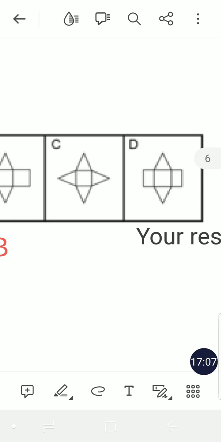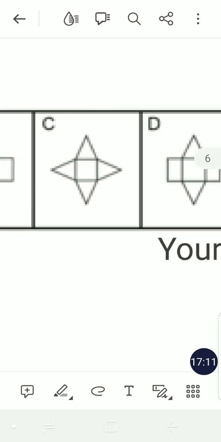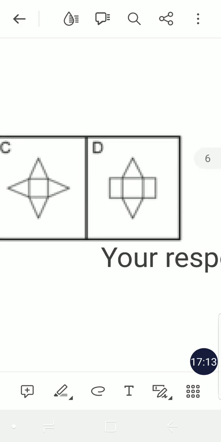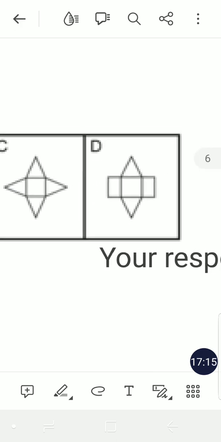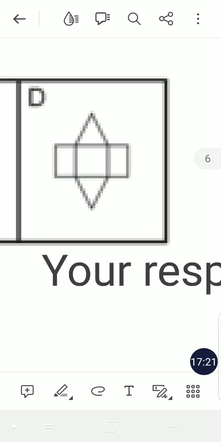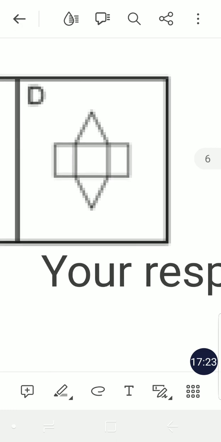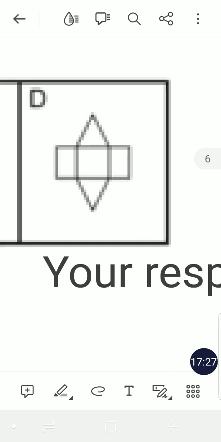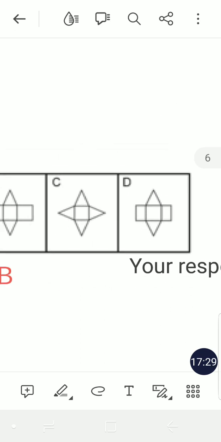C will not work as well, because you see there are four triangles, and D looks like a correct choice, but if you fold it all together, it will not close like a slice of cake.